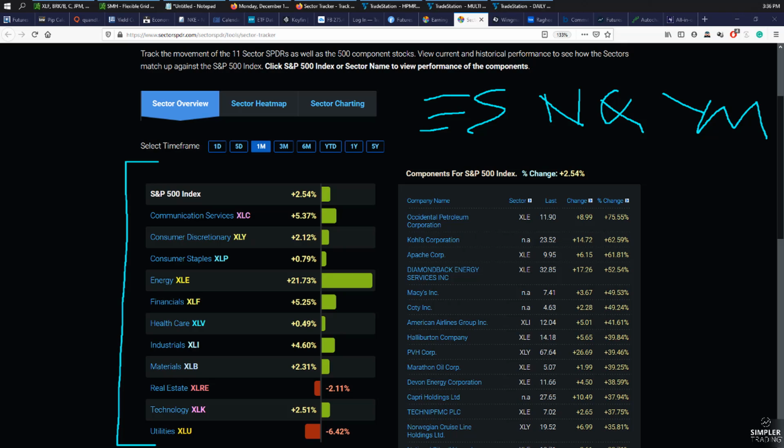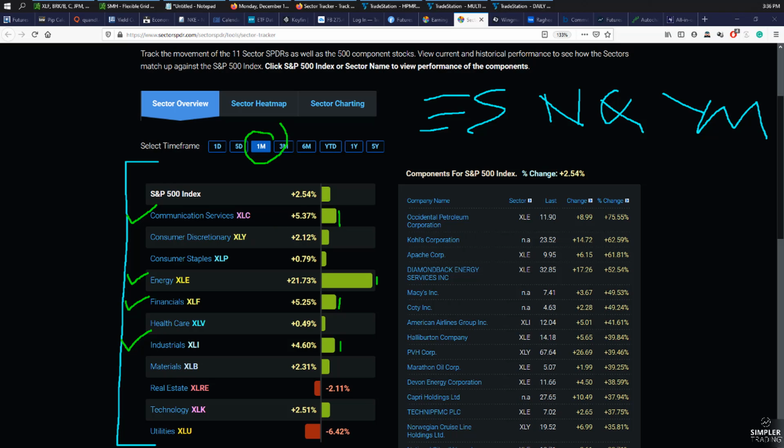So when you're looking at sector level strength, take a look at how the last month has been very good, exceptionally good, to energies, communication, financials, industrials. Those are kind of your largest, your best gainers there, right? So make note of that. XLC, XLE, XLF, and XLI.